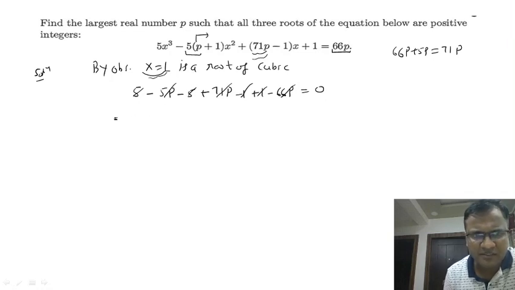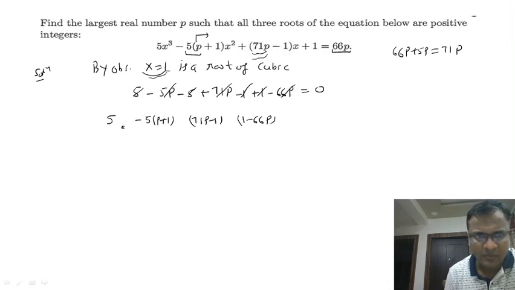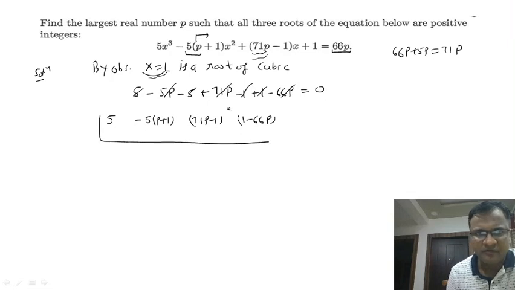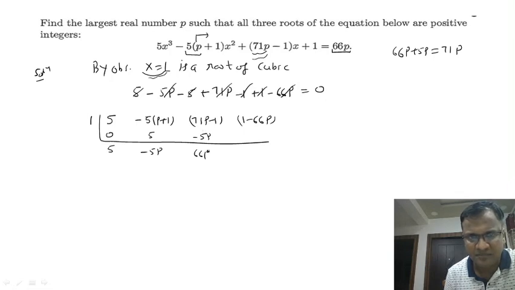I am going to divide by the synthetic division method. So first of all, write all the coefficients: 5, minus 5 times p plus 1, 71p minus 1, and the constant term, that is 1 minus 66p. We have to divide by x minus 1, so write 1 over here. 5 plus 0 is 5, 1 into 5 is 5, and this plus this is minus 5p. 1 into minus 5p is minus 5p, so the sum becomes 66p minus 1, that's great.